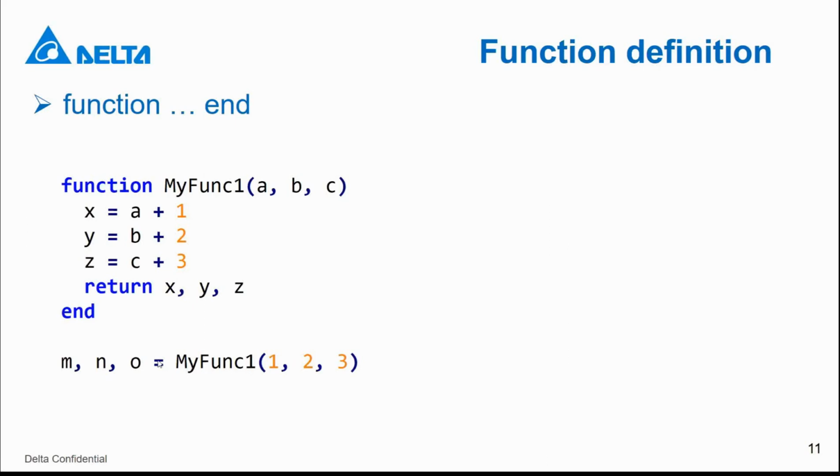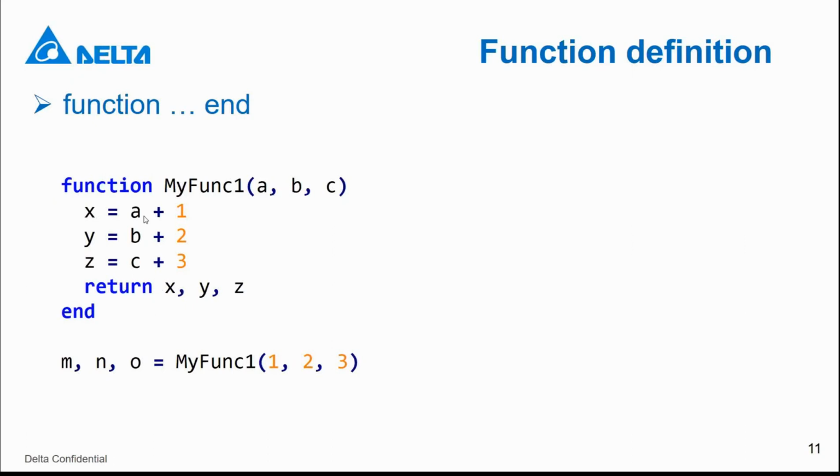How to use the function is also similar to other programming languages. You use the function name to call it, and then the input values you are going to pass to this function. Here, we input 1 and 2 and 3. So these will go into A, B, C as you defined here.